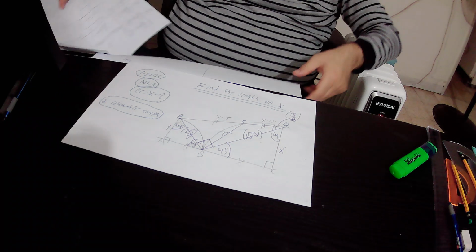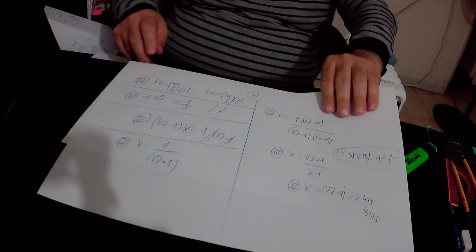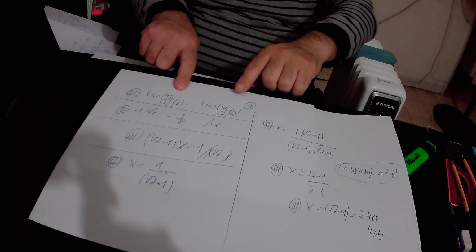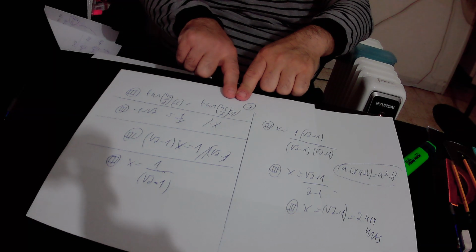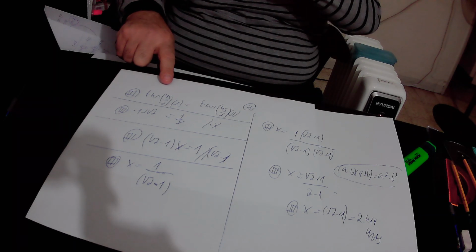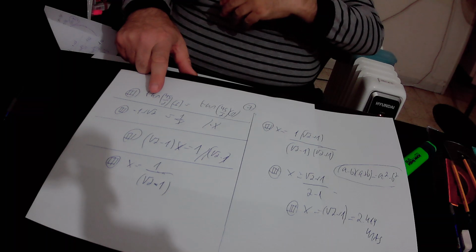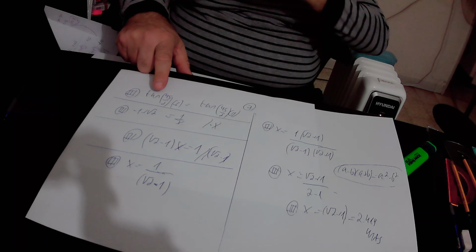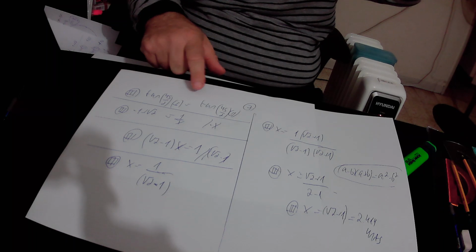Therefore, we created equation number 3 that states that tan 45 degrees over 2 according to equation number 1 must be equal to tan 45 degrees over 2 according to equation number 2. Tan 45 degrees over 2 according to equation number 2 equals minus 1 plus square root of 2. And it must be equal to tan 45 degrees over 2 according to equation number 1, that is 1 over x.